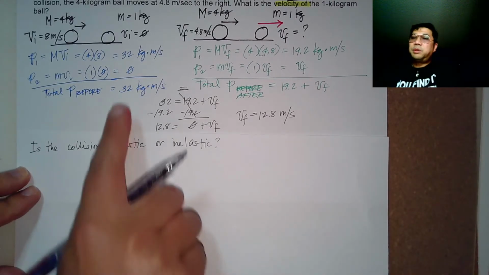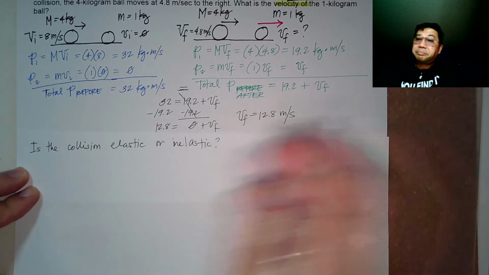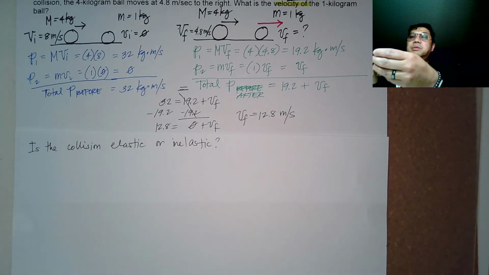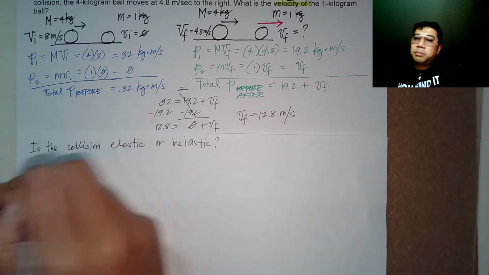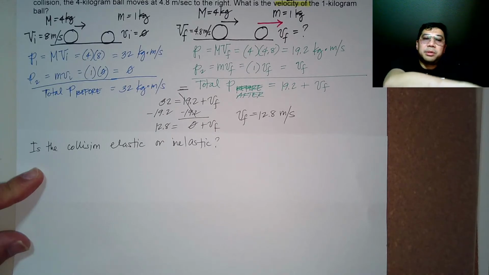Now, all we have to do right now is, let's write it down from the previous calculation. Let me just use a different color ink so you can see.